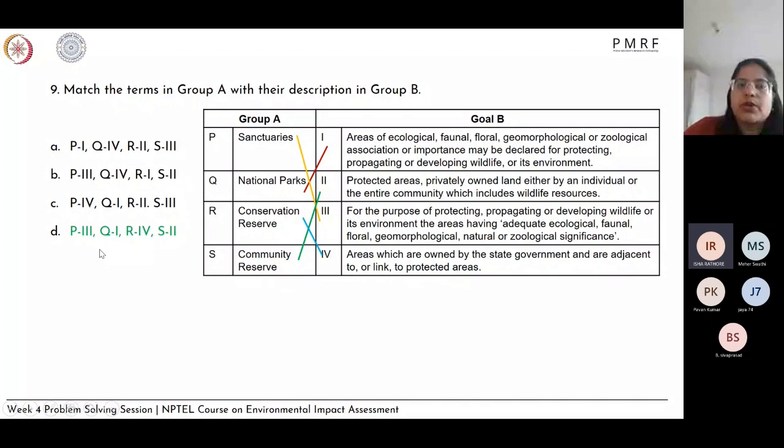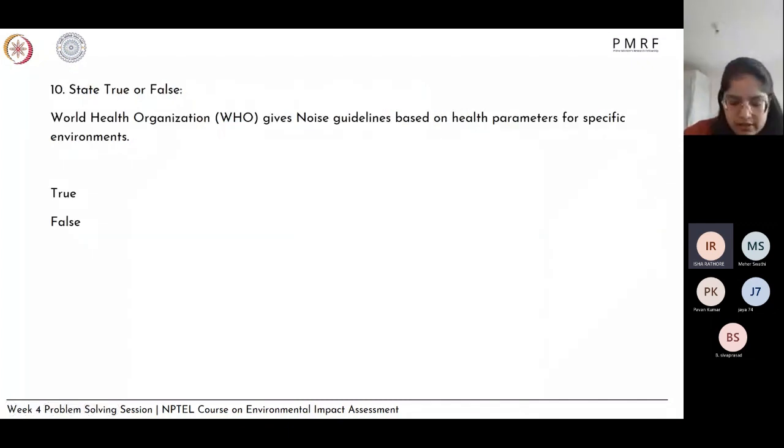So moving on to question 10. Again, state true or false. World Health Organization WHO gives noise guidelines based on health parameters for specific environments. Is the statement true or false? Okay, we have an answer. The statement is true. That is correct.